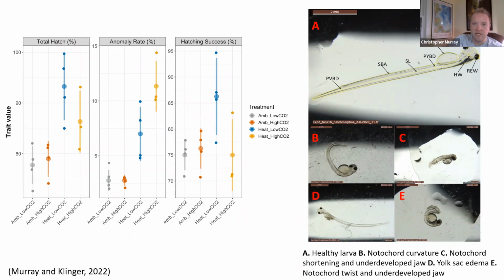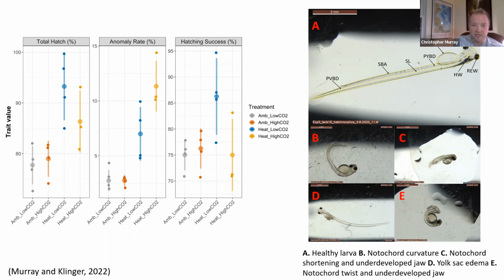Another surprise from the study was that the heat wave actually increased total hatch, not by a significant amount, by a little bit. So under the ambient temperatures, total hatching was about 80%, which is pretty normal for this range of temperature. But we actually saw an increase, which was very surprising because the previous studies that looked at static exposures to different temperatures suggested that we should see a decline in hatching success.